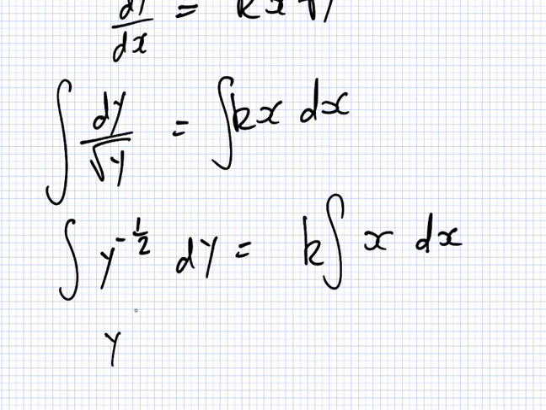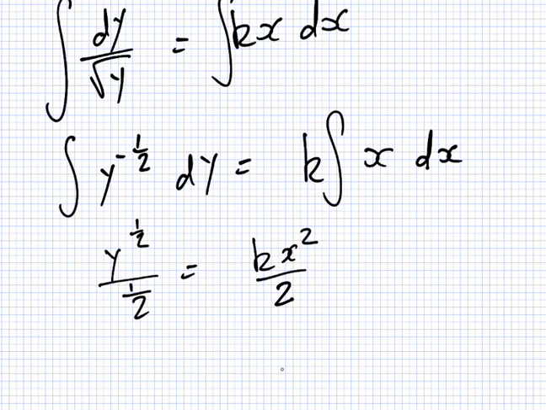So we have y^(1/2) over a half equals kx squared over 2. So you have 2 square root y equals a half kx squared.